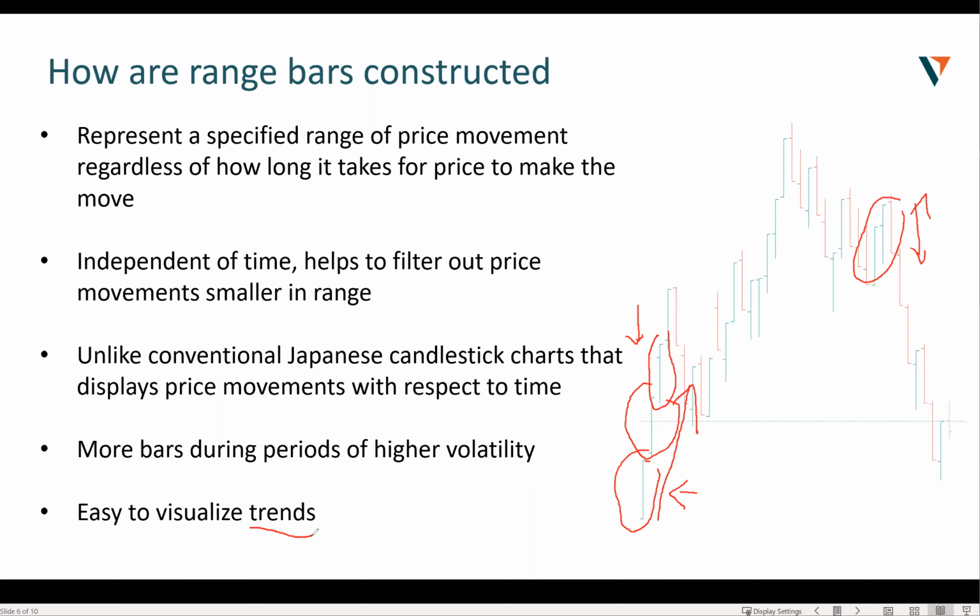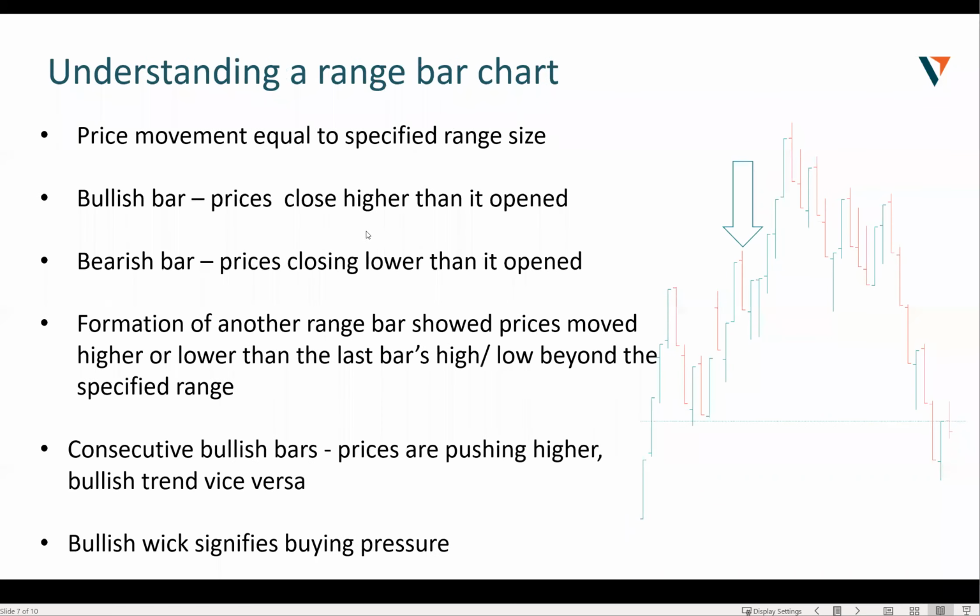What this also suggests is that when you are drawing trend lines or using support resistance levels on range bars, it can give you very clear support resistance areas as well as trend lines. So it helps us in filtering out the noise. So this is basically how range bars are constructed. The next thing that we want to look at would be a range bar chart and trying to make sense of what it means.